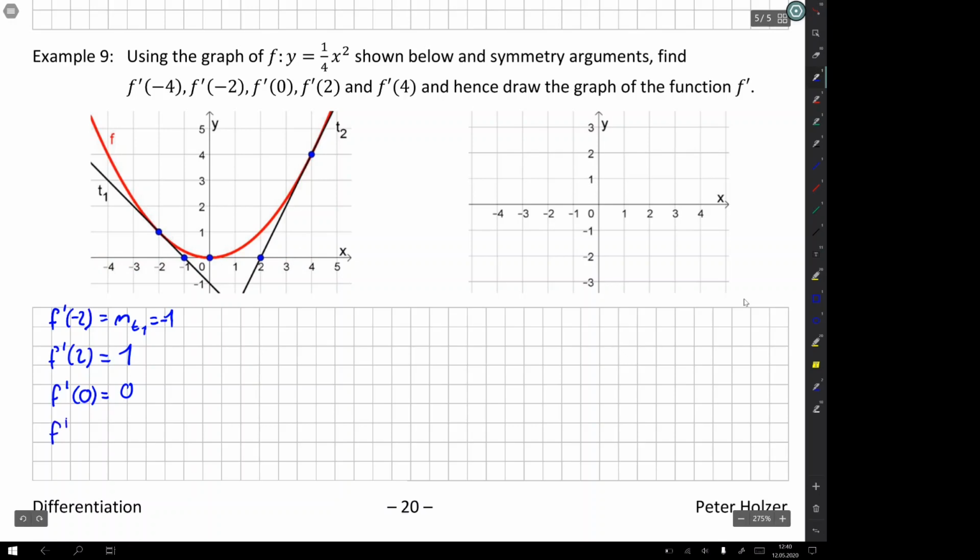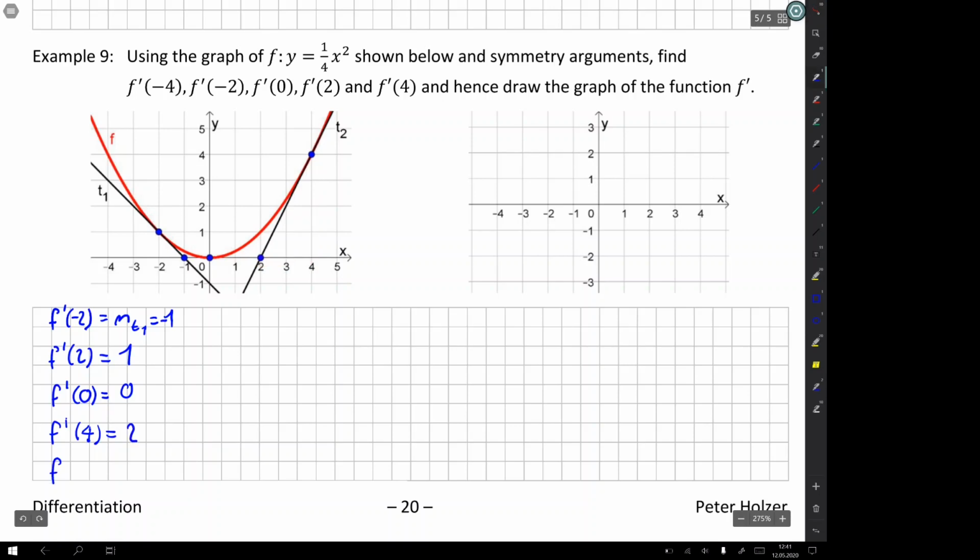Let's look at f dash of 4. That's also asked. Well, here we have x coordinate 4. This is this point here. The tangent is drawn, so we can read off the gradient. Well, here we have 1 point, we go 2 to the right and 4 up to get back on the line. So this means we have 4 divided by 2, so the gradient is just 2.